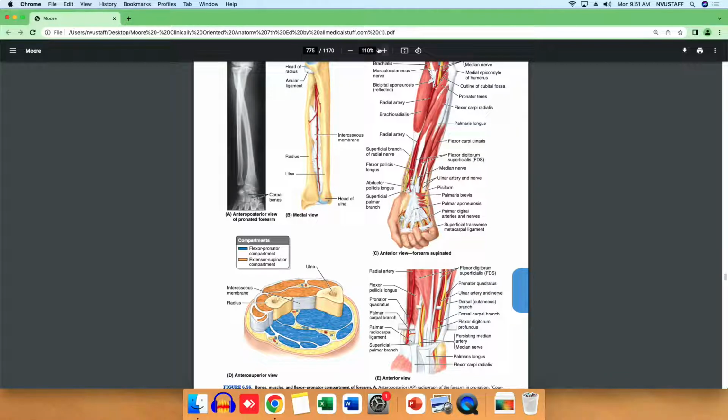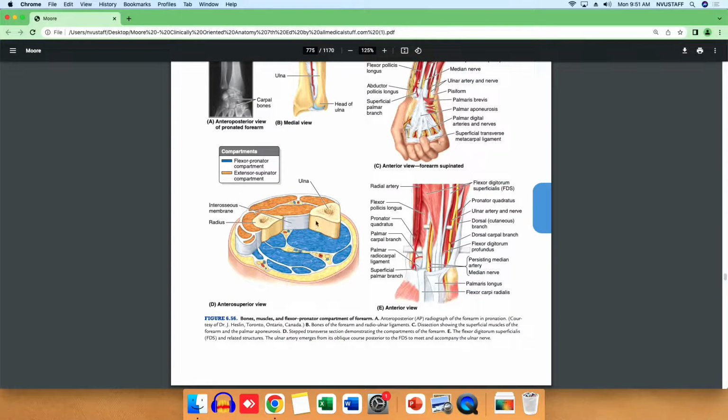This interosseous membrane is very well shown in picture D, which shows the anterosuperior view and makes the division into anterior and posterior compartments.